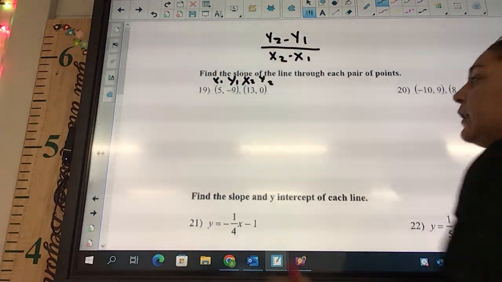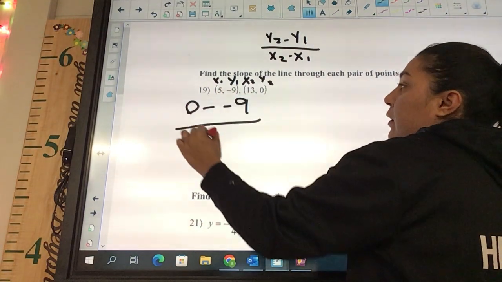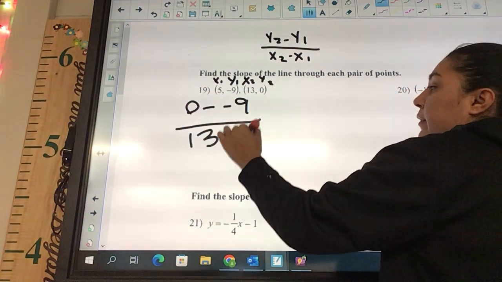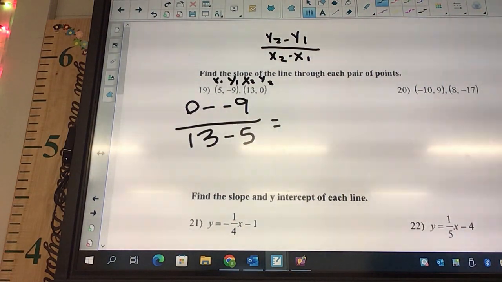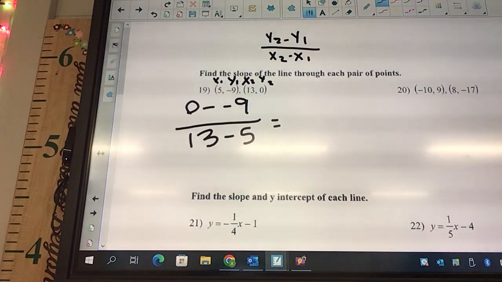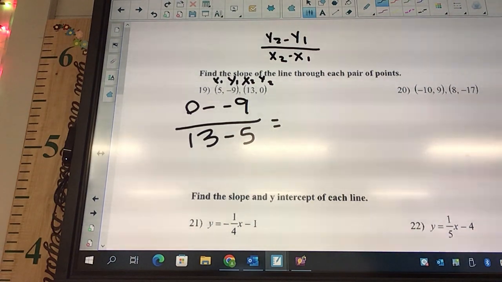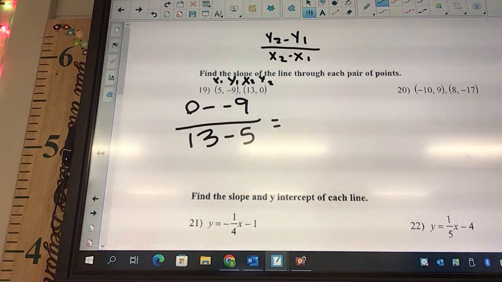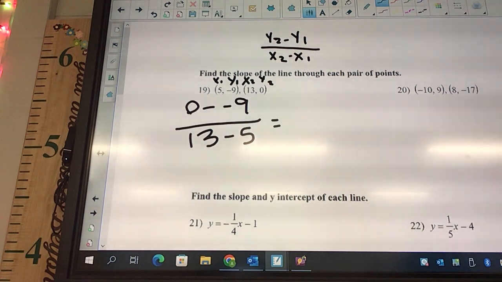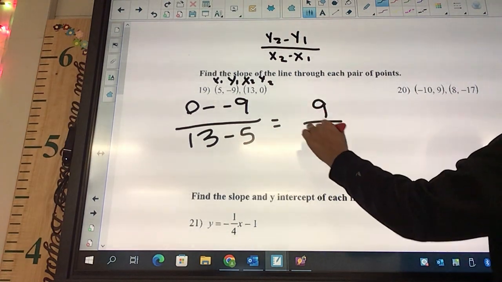So it's going to look like 0 minus negative 9 over 13 minus 5. Okay, what is that going to be? Use your calculator. 9/8? Somebody agree with that? Okay, 9/8.